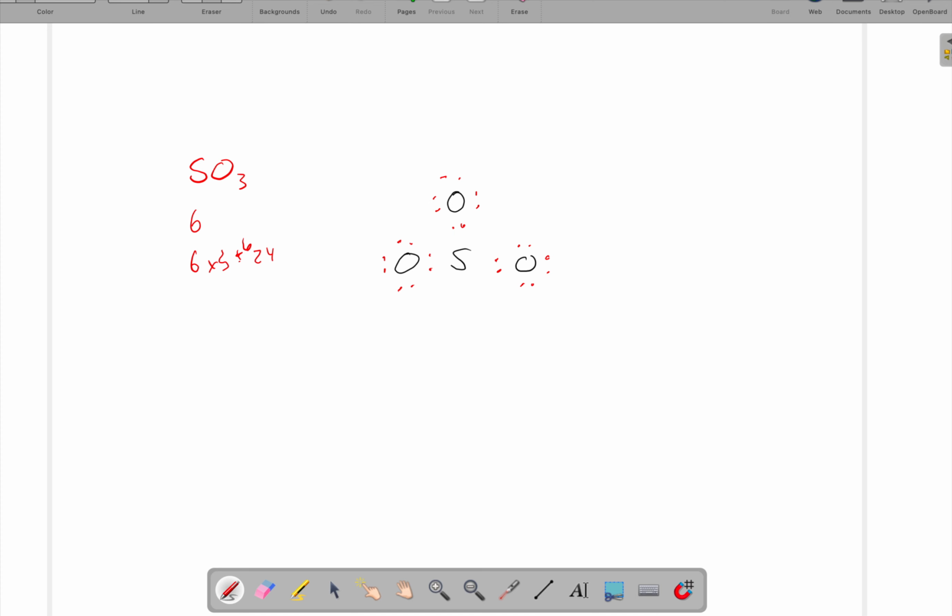So when I go through and I look at this, see this pair of electrons? Is that pair of electrons between the oxygen and the sulfur? So what should I do? Turn that into a line. How do I know that that is now a bond and that these 2 electrons are not a bond? Well, is there another atom there? Nope. So I'm not going to convert that into a line yet.